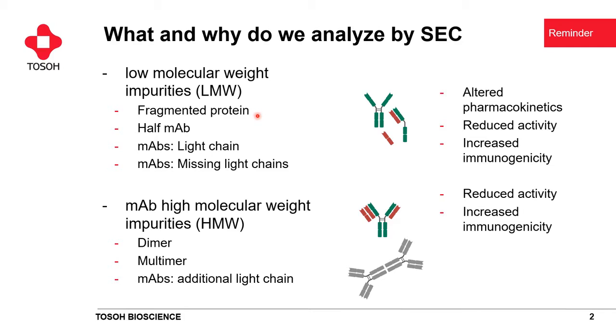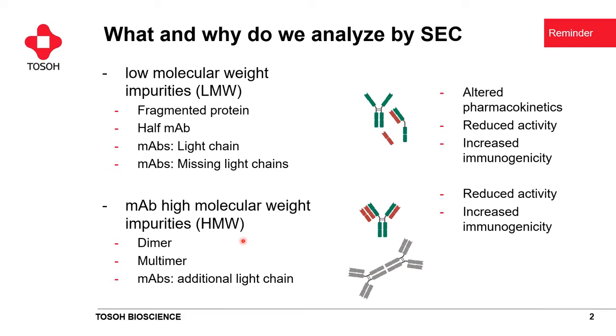On the low molecular weight impurity side, we have fragmented proteins that may not be active anymore. They may come with increased immunogenicity and have altered pharmacokinetics, all of which has an impact on function and safety, so we need to analyze those.